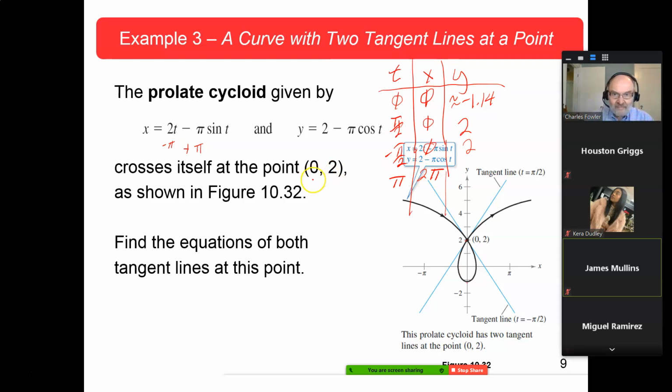When you put the t in for the y, 2 minus, well, cosine of pi is negative 1, so that's a negative and negative is positive, so it's 2 plus pi.